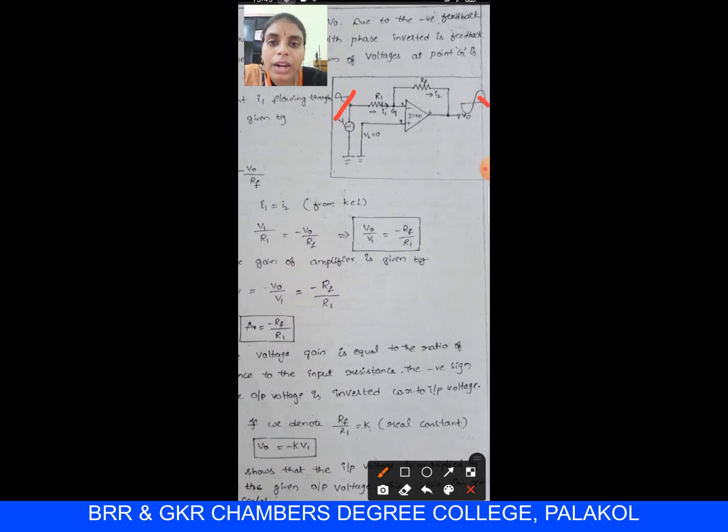Then the current direction is reversed. According to Kirchhoff's current law, the algebraic sum of input currents is equal to 0. In that case, the input current is equal to the output current. That means I1 is equal to I2.